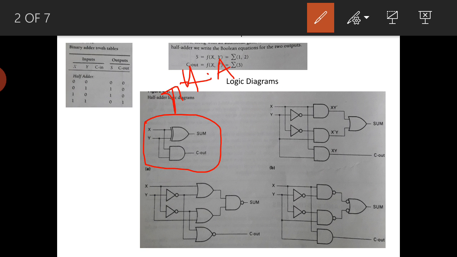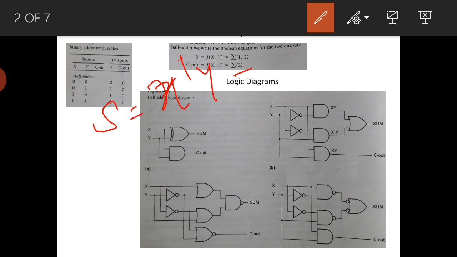Instead of the XOR gate, if I want to realize it using basic gates, then take what I wrote earlier, s equal to x bar y plus y bar x. Take x and y bar, the term x y bar, which is generated by an AND gate.